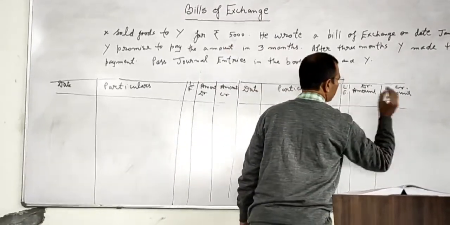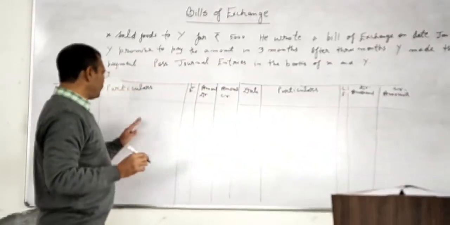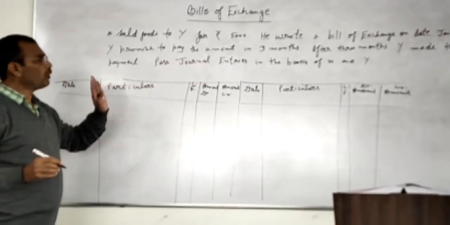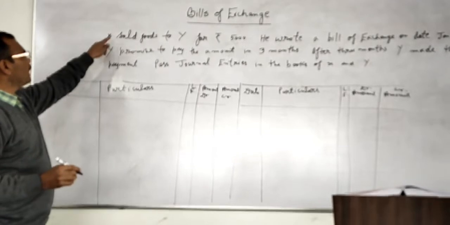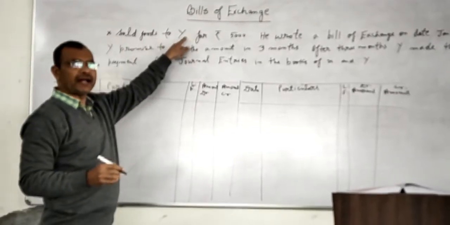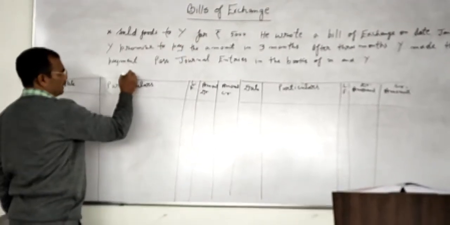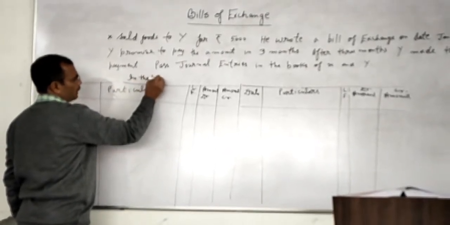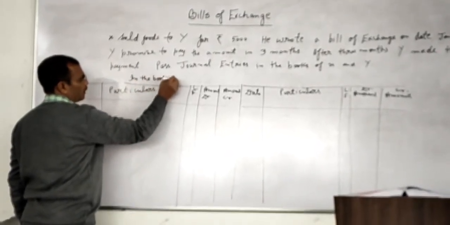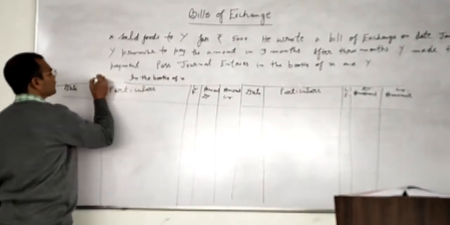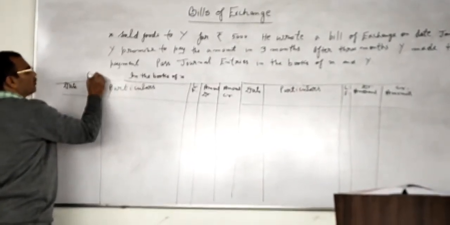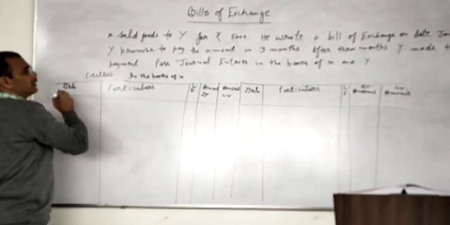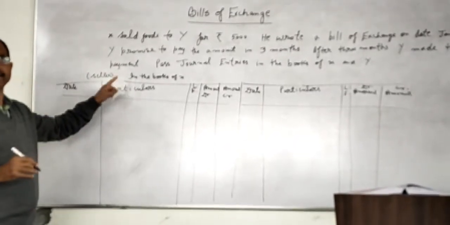Now, first of all, we will write here the first entry. What is the entry? Read the question. X sold goods to Y. So we will write here in the books of X. Who is X? I am writing here for your understanding. This is the seller. The name of the seller will come first.